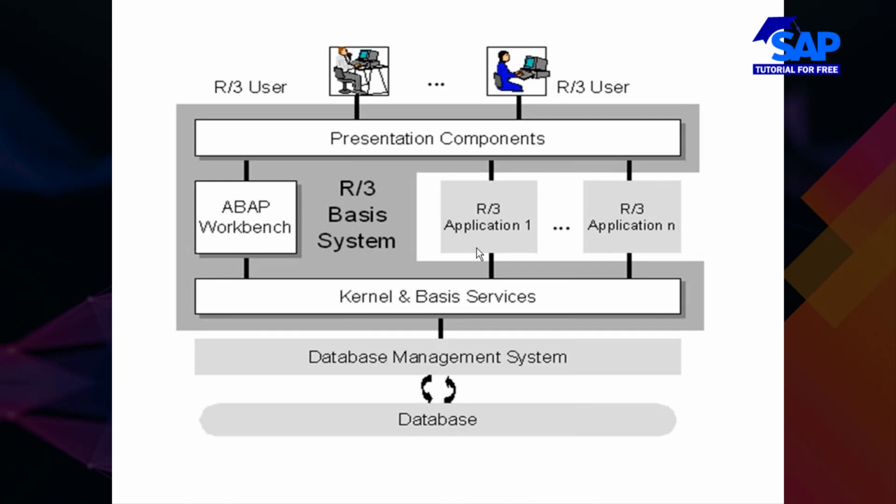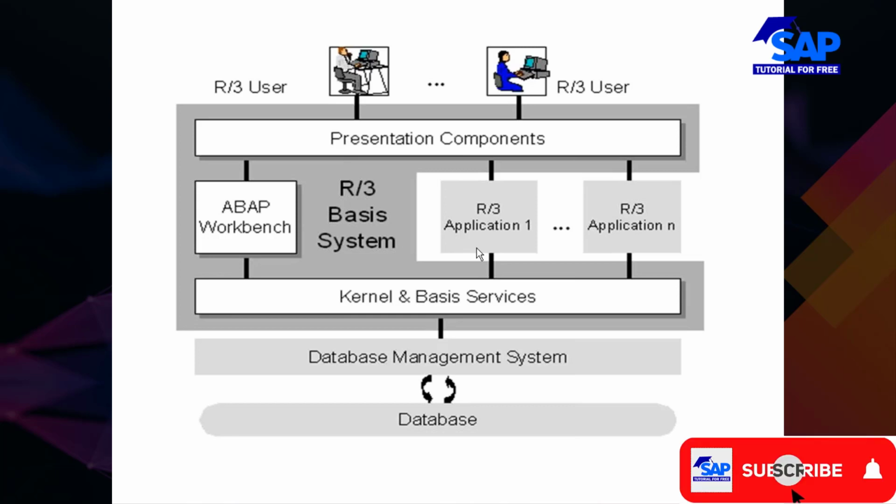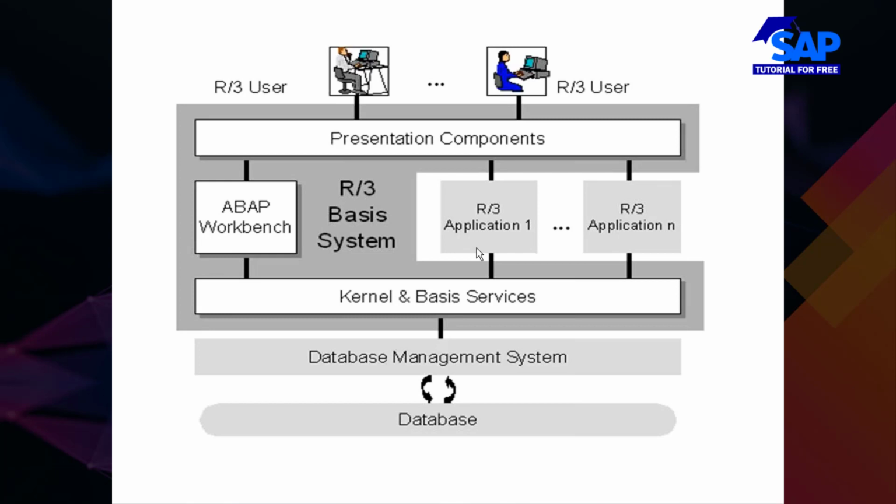Once I understand the requirements, I will create something called a functional specification document. That functional specification document contains the input that the end user wants to give, the output that he expects to get from the system, and how the system should process the data inside.